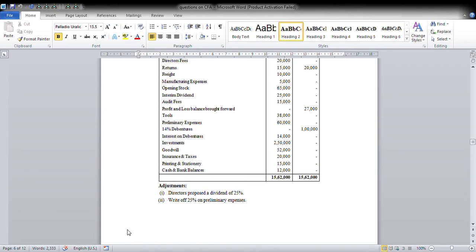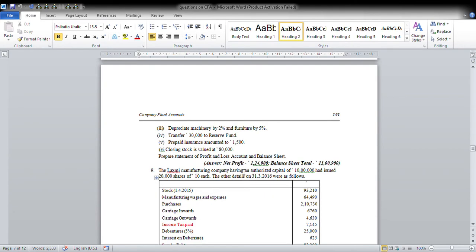Anyway, we did not do it completely, but I'm just picking up the profit and loss account balance from the answer itself, that is 1,24,900. Then followed by, now coming towards the deductions here.